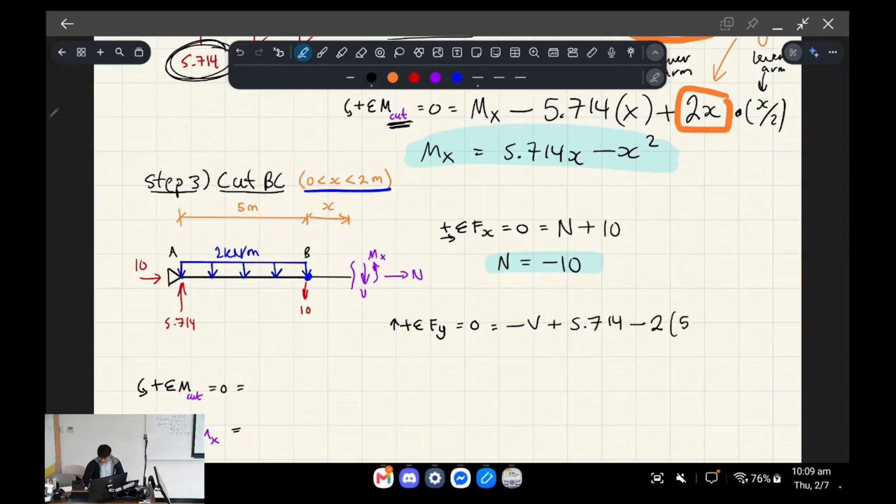Okay, so it's a set distance now. Oh, sorry, am I missing one? Oh, I'm missing the 10, sorry, yeah. There's also going to be a 10 kilonewton point load at B, which we have to account for as well now. Okay, once we do that, we're going to rearrange for V, which gives us negative 14.286.